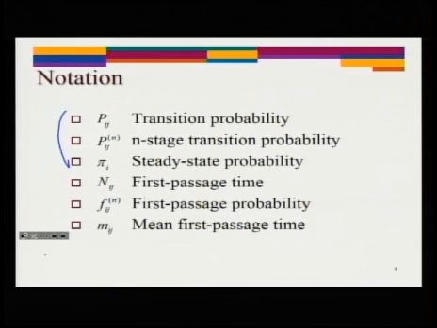One-step transition probability matrix and n-step transition probabilities, and then steady-state probabilities or limiting probabilities, right? Those are pi's. Now, we are going to talk about these three today, okay? Just one by one.